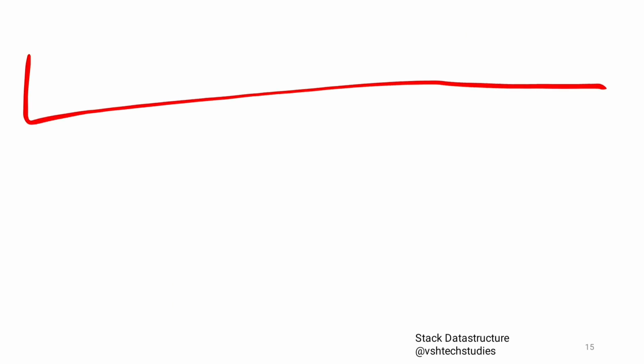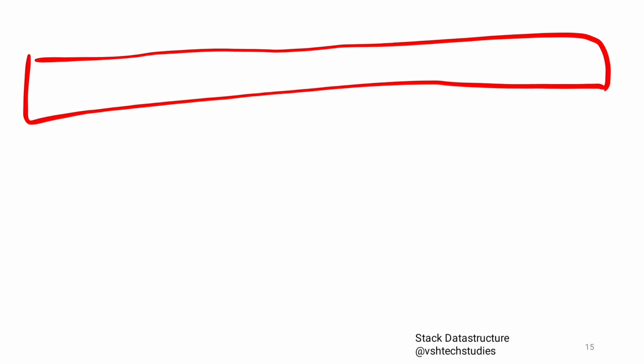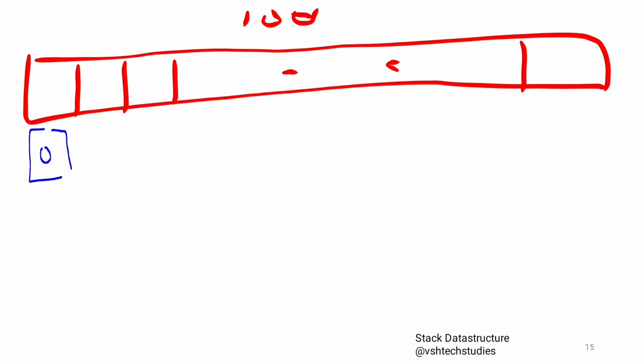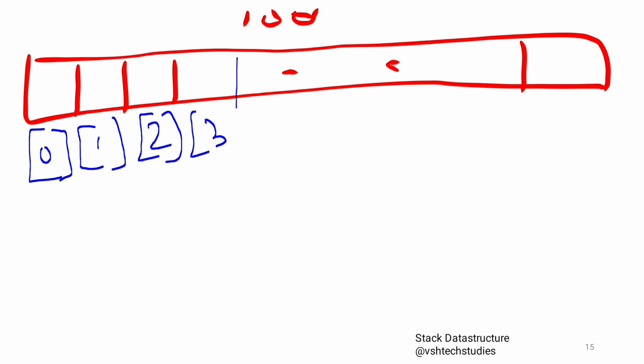Next we are going to take a block of consecutive memory locations. How many memory locations? 100. So this is first, second, third and so on till the last one. What is the index of the first one? 0. Second one 1, third one 2, fourth one 3, fifth one 4.